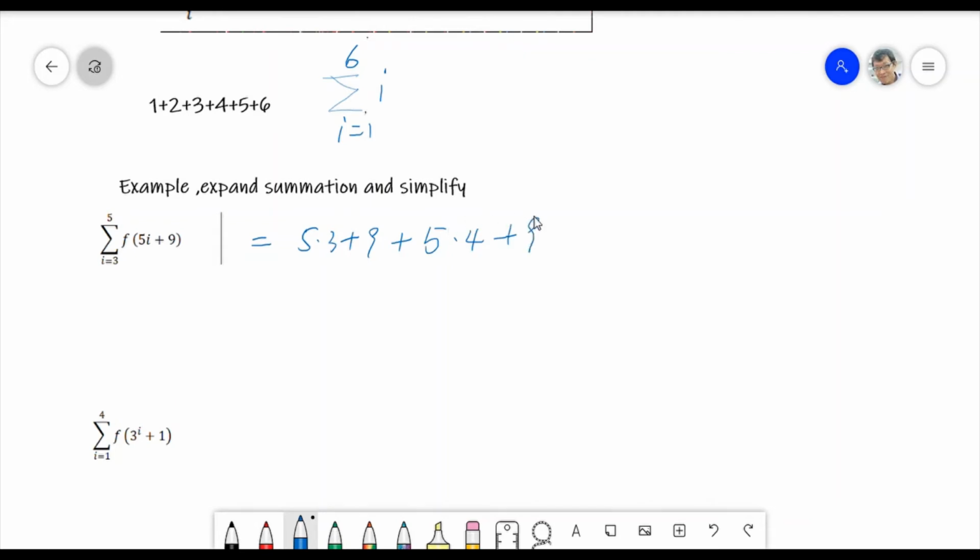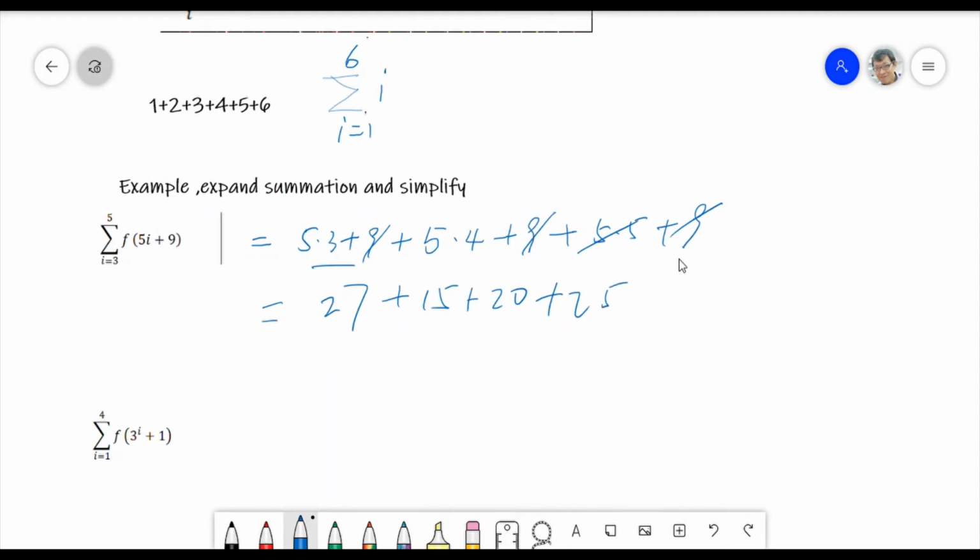The third will be 5 times 5 plus 9, right? So look, they have three 9s, so 3 times 9, oh sorry, 3 times 9 is 27. And then this is 15, this is 20, this is 25, right?